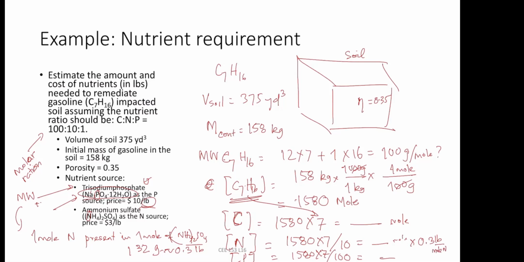And then you know that it's $3 per pound, and then you get the entire cost. So that's how you can calculate. Again, this is just a simple example of what you are going to calculate, a short question so that you know how to estimate the treatment cost.